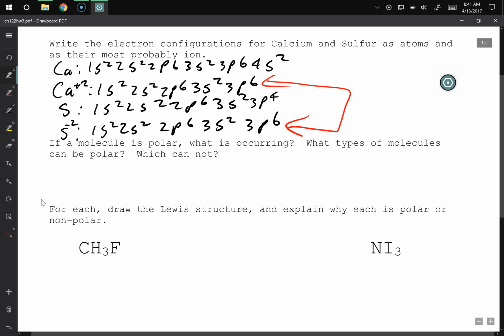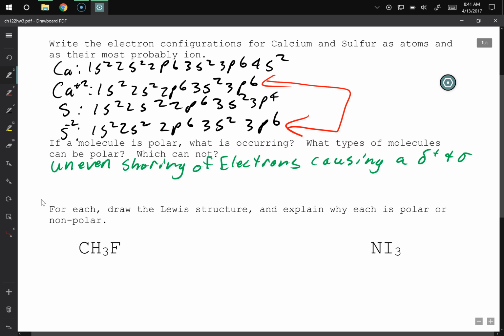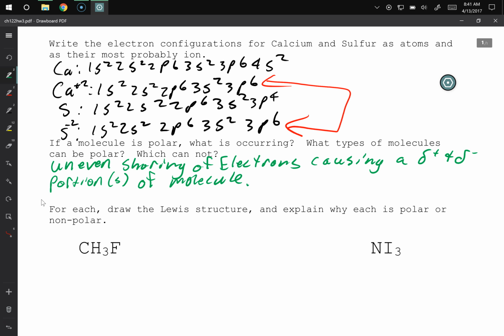Are you okay with that? Uneven sharing of electrons causing a partial positive and partial negative portion or portions of the molecule. What types of molecules can be polar?